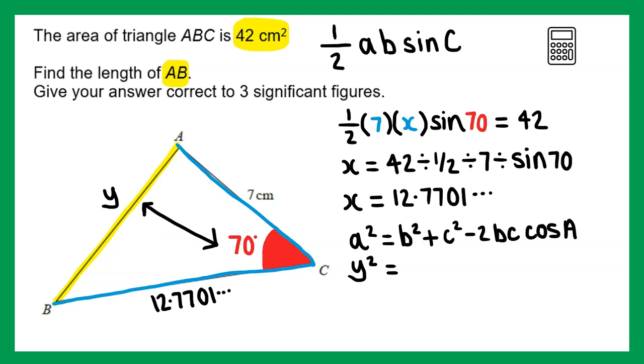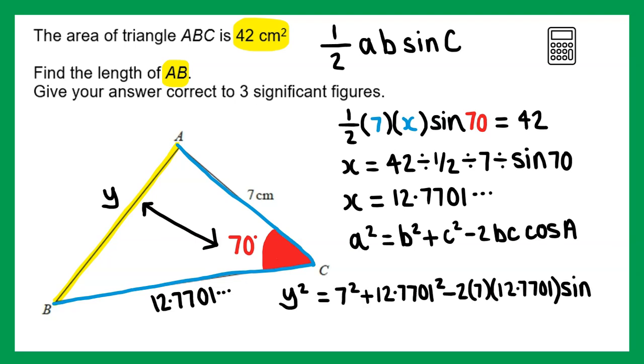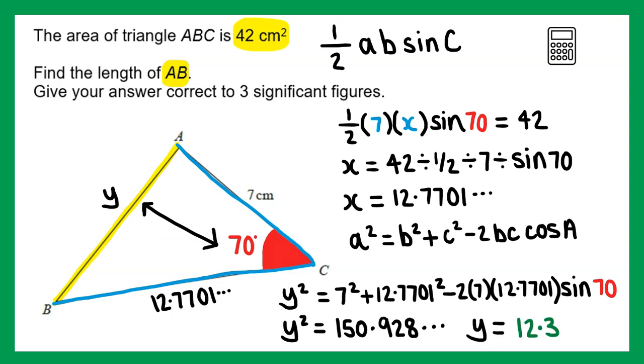B and c would be the other lengths of 7, and the one worked out of 12.7701 minus 2 lots of 7 multiplied by 12.7701 multiplied by sine of 70. This gives me a value for y squared of 150.928. Square rooting would give me y, which is 12.3 centimeters, rounded to 3 significant figures.